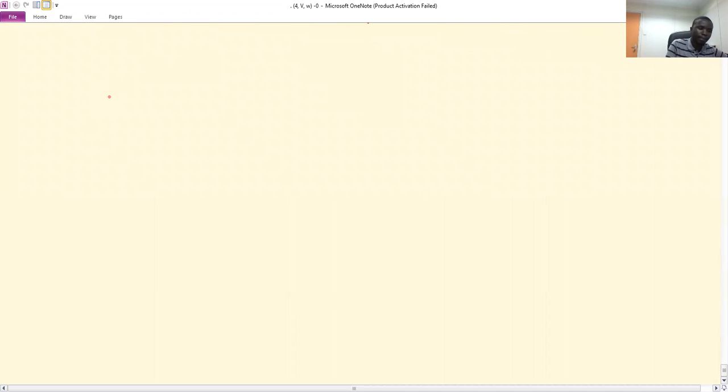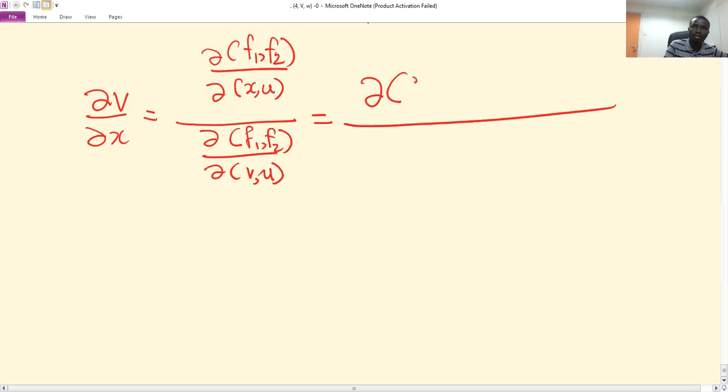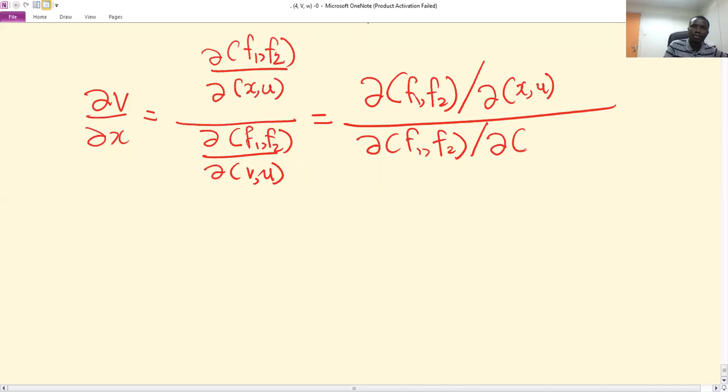And then the second formula, partial v, partial x, is given by, now this one is positive, partial f1, f2 over partial x, u, and then partial f1, f2 over partial v, u, which can just be written as the Jacobian of f1, f2 with respect to x and u, over the Jacobian of f1, f2 with respect to v and u.